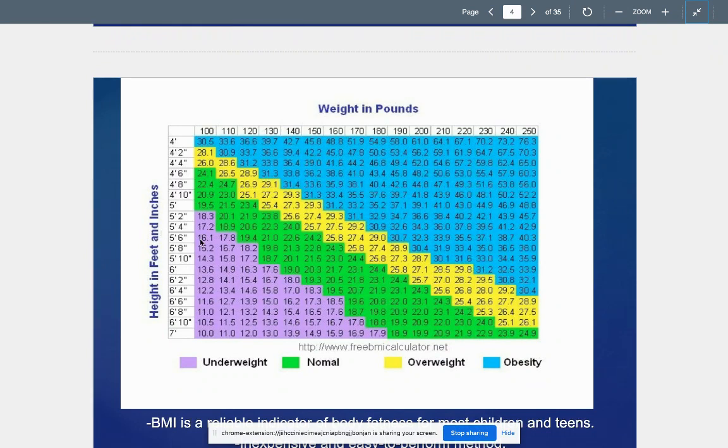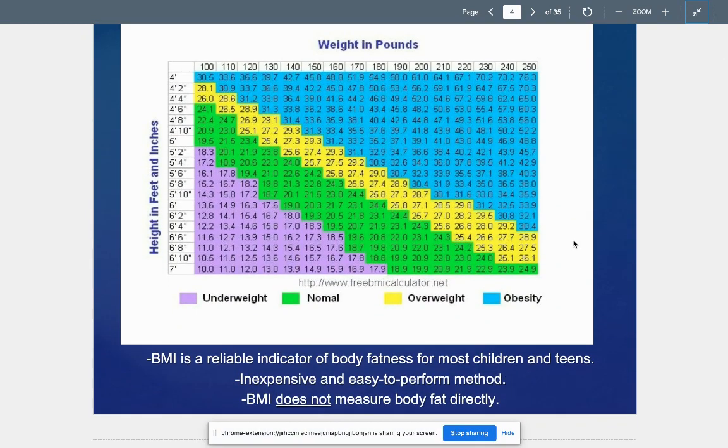Someone that's 5'6", if they're 19.4 BMI and they weigh 120 pounds, they're normal. But if that same person, 5'6", weighs 180 pounds, they're considered overweight and they're ranging in that 29 BMI range. So just definitely look at that.